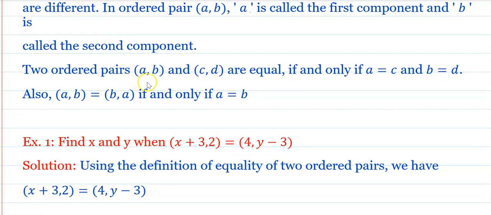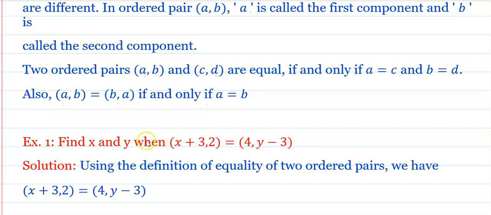Two ordered pairs (a, b) and (c, d) are equal if and only if a equals c and b equals d. That means the first components of the two are equal, and the second components of the two are equal. Also, (a, b) equals (b, a) if and only if a equals b.